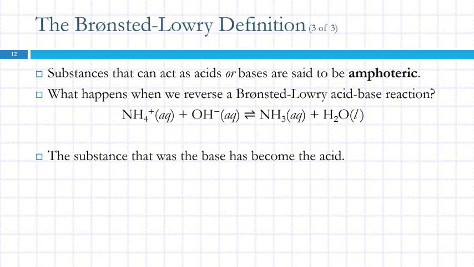Now you probably identify OH minus, that's the base, and you'd be correct. If that's the base, the other one is the acid. Does this have a hydrogen ion that it could donate? It does. So this is going to donate its hydrogen ion to the base. When it does that, it becomes ammonia, which is a base, and hydroxide becomes water, which in this instance is acting as an acid.